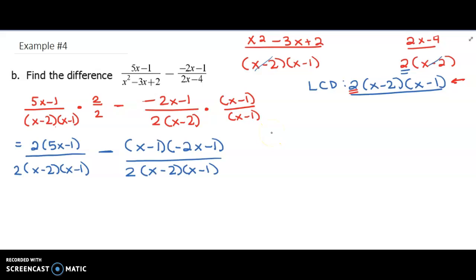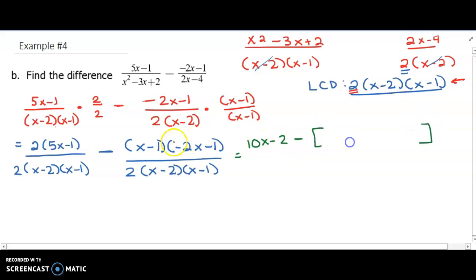All right, so if I want to clean this up, I'm going to go ahead and distribute this through. So it'd be 10x minus 2. And then it's minus this whole thing. And if I FOIL this out here, I would get negative 2x squared plus x plus 1. And all that's going to be over 2(x - 2)(x - 1).